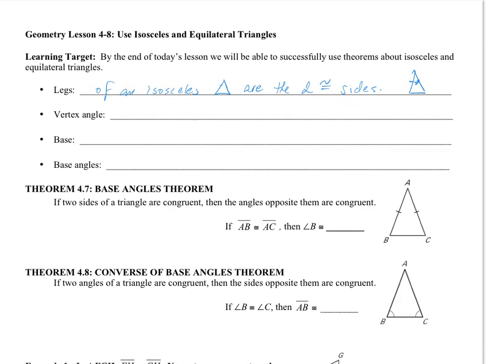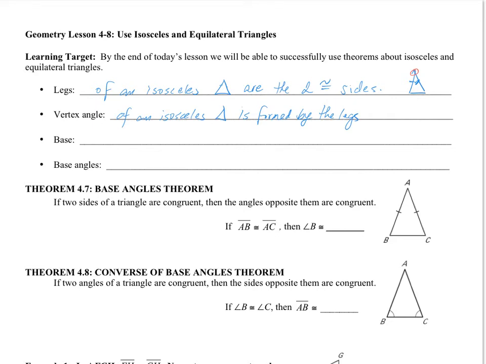And then we have the vertex angle of an isosceles triangle, and it is formed by the legs. So it will be this angle.